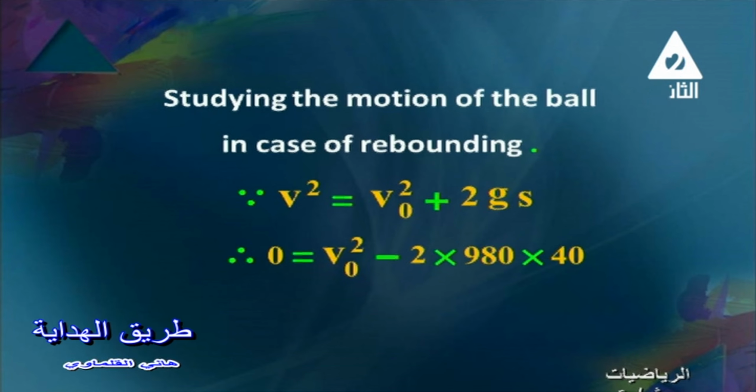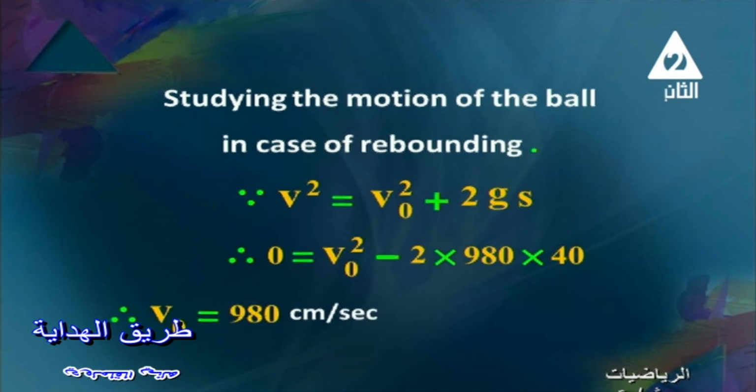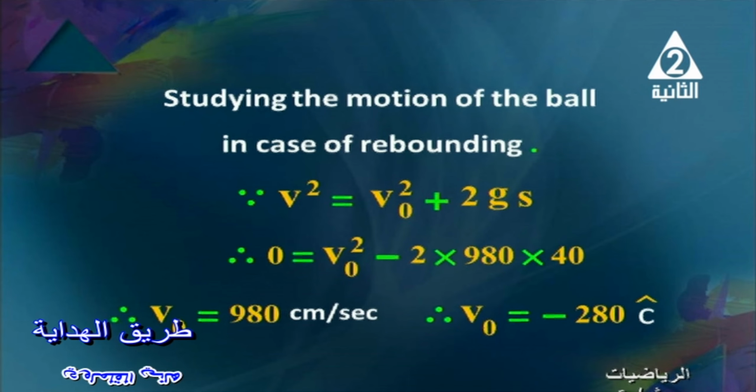Upward is in the negative direction, so the direction of g is negative, and we can substitute by negative 980 centimeter per second squared, multiply s in centimeter, the maximum height, so we can find the velocity of the body in case of rebound, which is 280 centimeter per second. Now we have v2 vector equals 280 c in the negative direction of the motion.